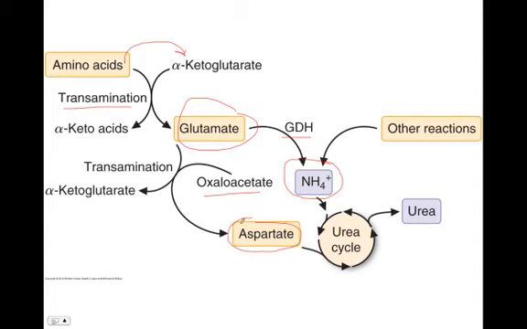And aspartate will contribute our second ammonia group in the urea cycle to generate our urea, which contains 2 nitrogens. So it's really this part of the pathway here that's really important and pivotal on the role of glutamate in shuttling free ammonium ions into the urea cycle or to aspartate.